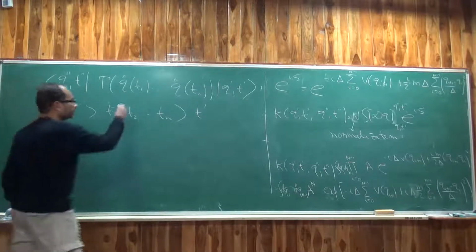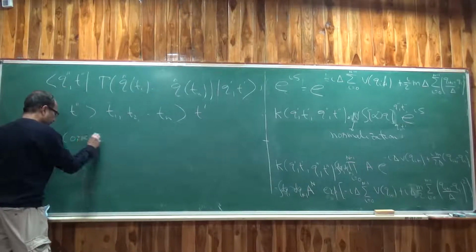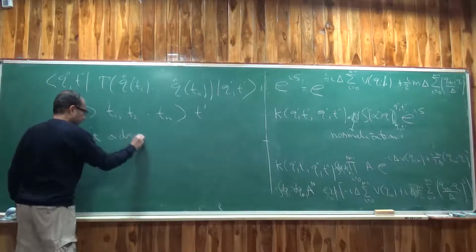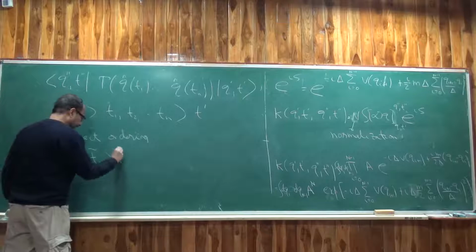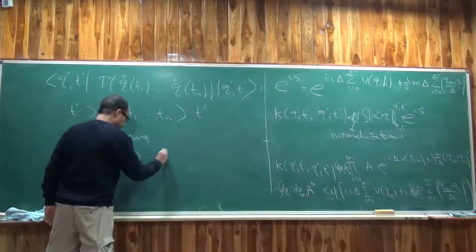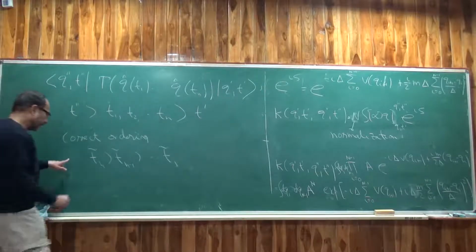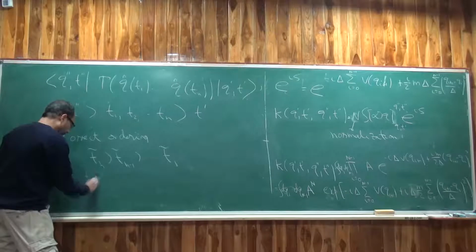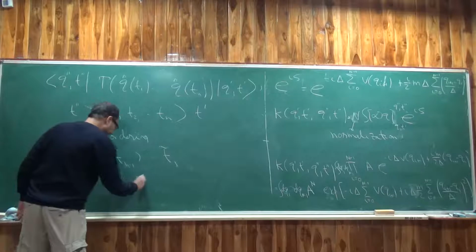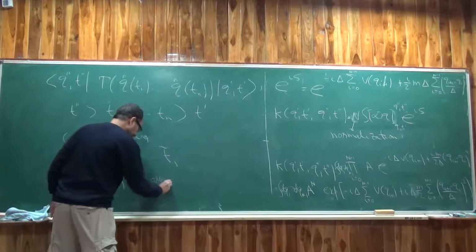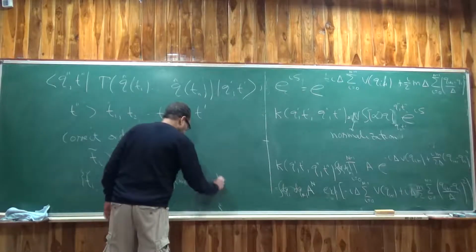So let's suppose that the correct ordering is t̃n greater than t̃(n−1) and so on down to t̃1, where this set t̃1 to t̃n is just a rearrangement of t1 to tn.